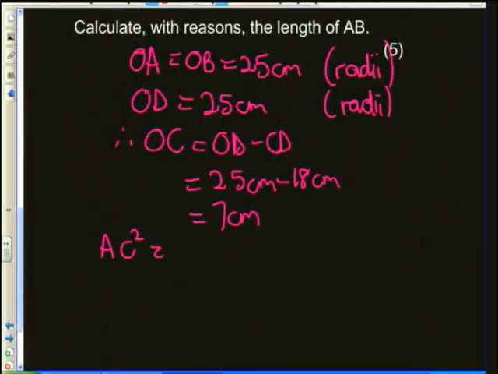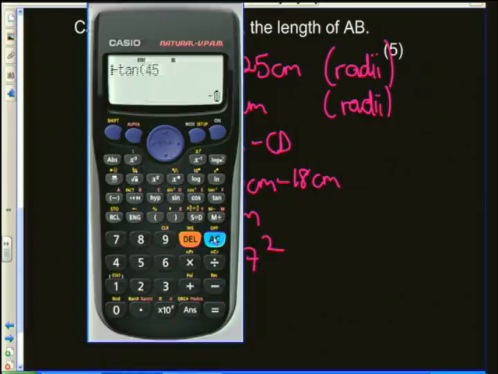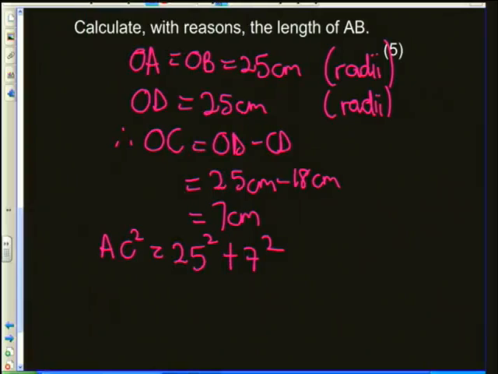So if I use Pythagoras, it means that AC squared is equal to 25 squared plus 7 squared. Okay, so if I work that out on my calculator, 25 squared plus 7 squared gives me 674. So AC squared is equal to 674.